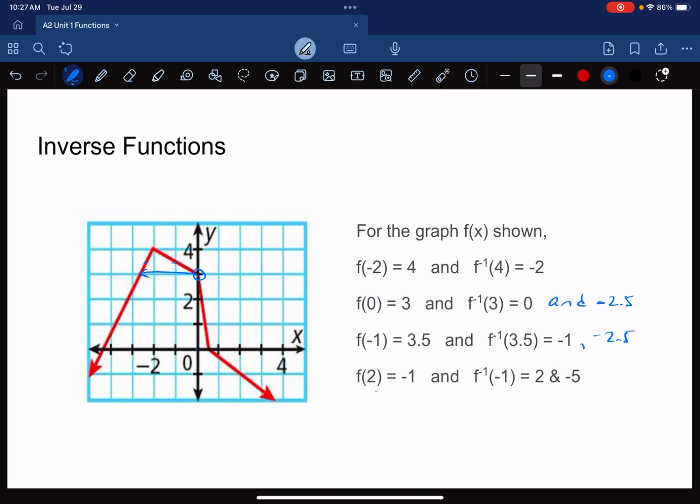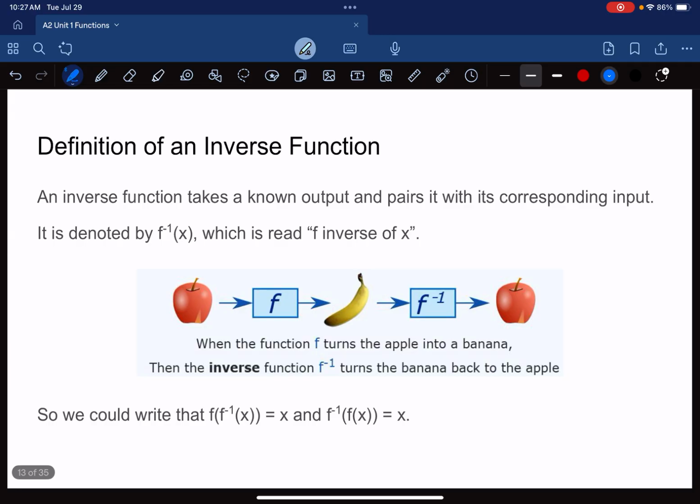Then f of 2 would give us negative 1. And then f inverse of negative 1 could give us 2, or it could give us negative 5. So there could be multiple outputs. It could be an output that gives multiple inputs. So outputs are allowed to repeat.